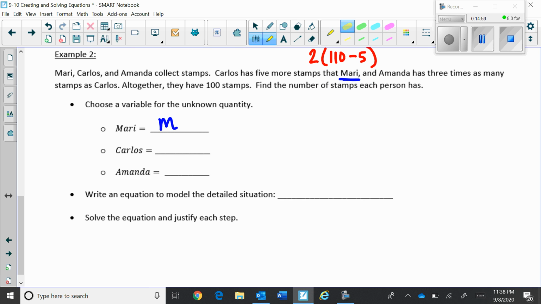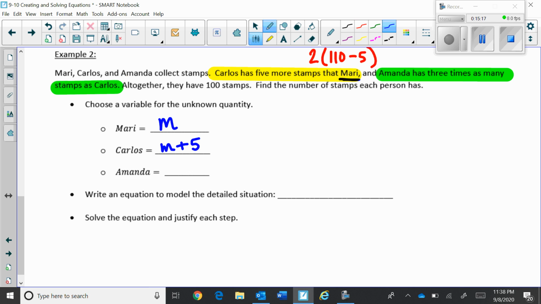So it says here, Carlos has 5 more stamps than Mari. So if he has 5 more stamps, we take Mari's number of stamps and add 5. That gives us Carlos's. And then later it says Amanda has 3 times as many stamps as Carlos. Well, we don't want to add in a new variable.